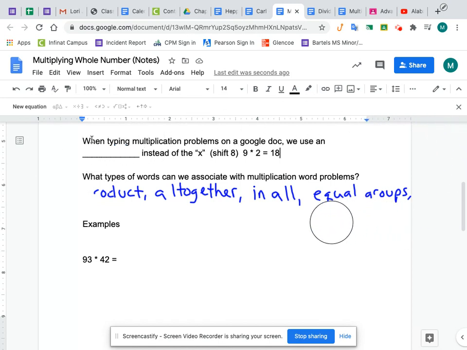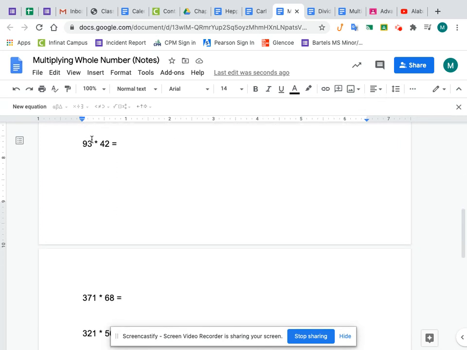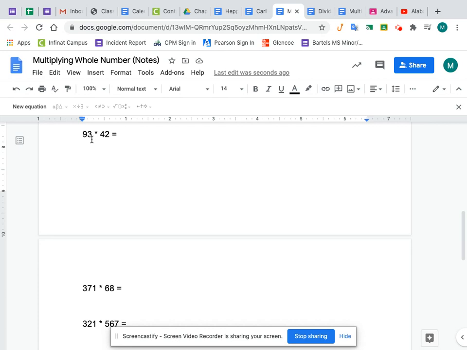So moving on to our examples here. 93 times 42. Start in my ones place. 2 times 3 is 6. 2 times 9 is 18. So I write that down because it's the end. Cross out that 2. Put a 0 to hold your place value.